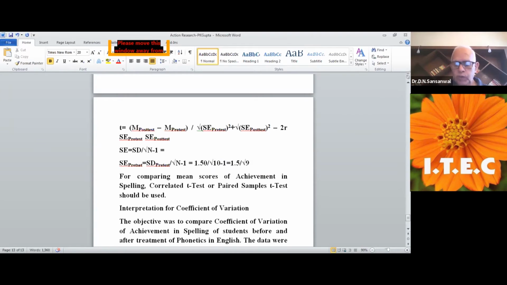The square root of 9 is 3, so 1.5 divided by 3 will be the standard error.